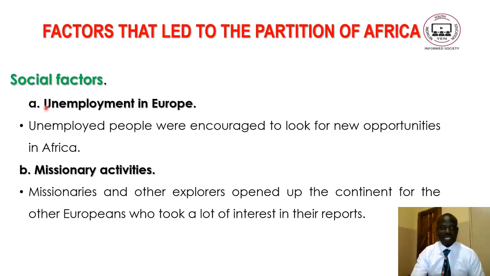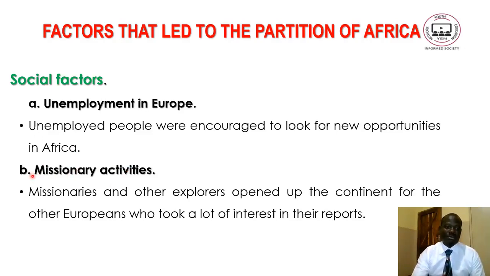Number one, under social factors, we talk of unemployment in Europe. Here, unemployed people were encouraged to look for new opportunities in Africa. When there was that unemployment in Europe, those people who were jobless were told, you have to look for opportunities elsewhere, in Africa.